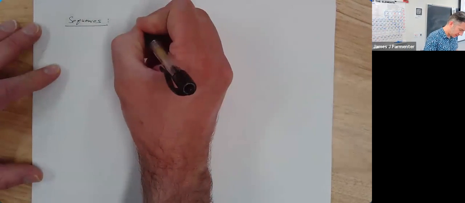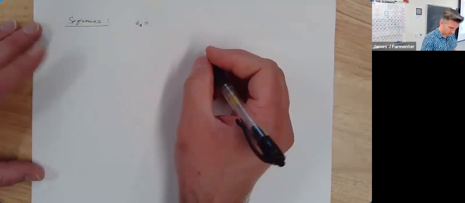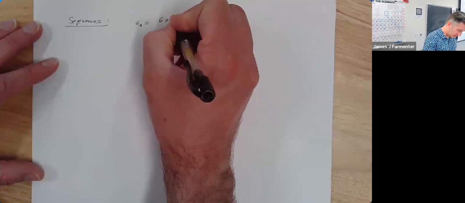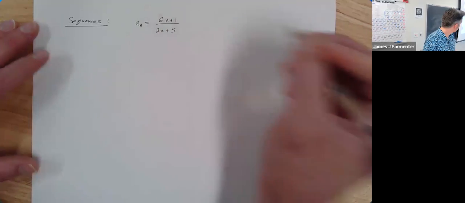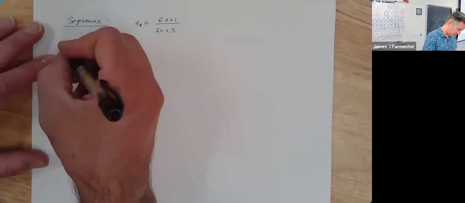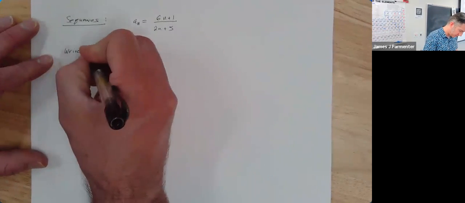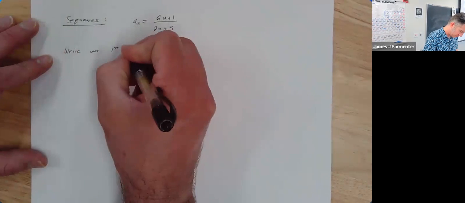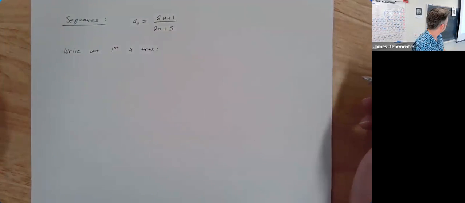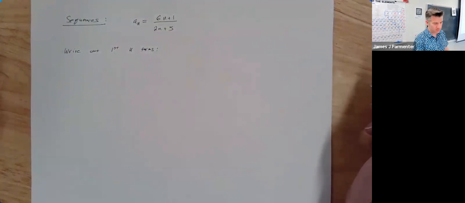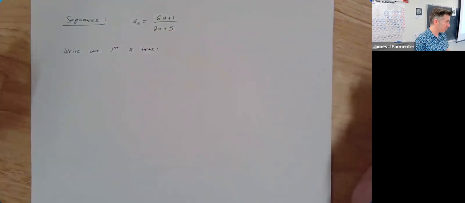Let's say our sequence a_n is given by the formula 6n plus 1 over 2n plus 5. Let's write out the first 4 terms. Unless someone has said otherwise, we typically start at n equal to 1.